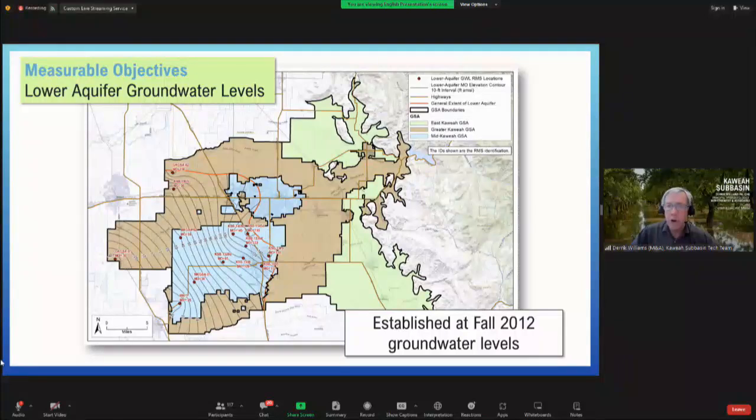Also, these water levels are always higher than the 2015 water levels. So the GSAs are striving to have water levels that are higher and more protective than the water levels were when SGMA was initiated. The GSAs are shooting for a better condition than the beginning of SGMA. Next slide, please.